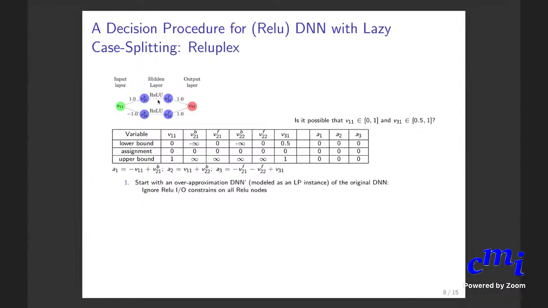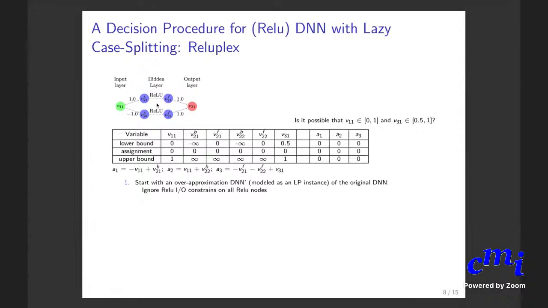If I assume that there's no relationship between the forward and the backward variable that connect a particular ReLU edge, then ReLU is the only point at which nonlinearity is introduced in the formula that describes the DNN.